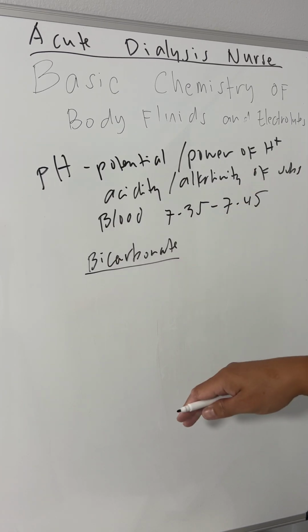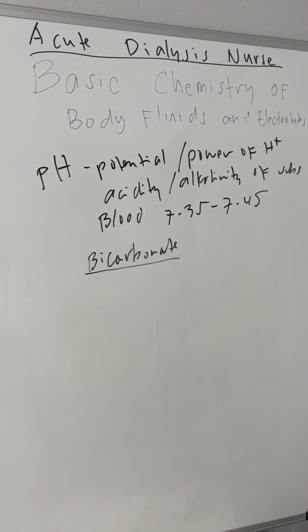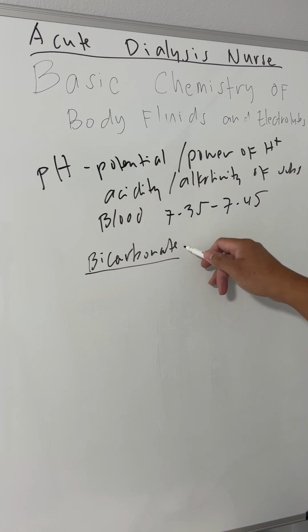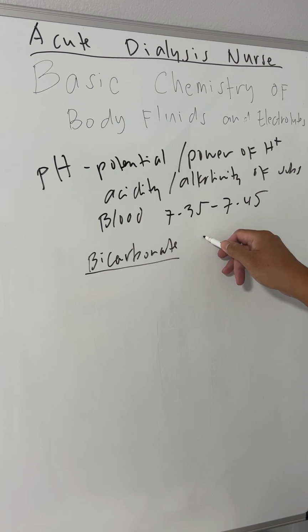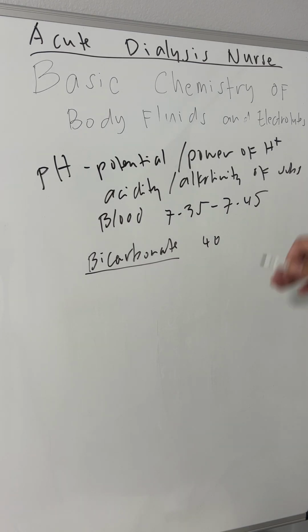If it's low bicarbonate, it's going to be acidic. So when you're doing dialysis on a patient with severe metabolic acidosis, they try to go up to 40 just to give bicarbonate in the blood. The bicarbonate will diffuse into the blood to normalize the blood pH.